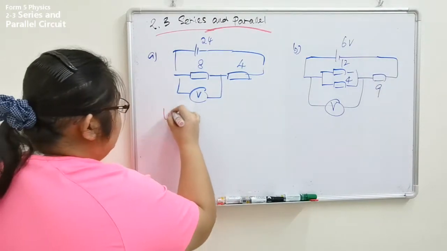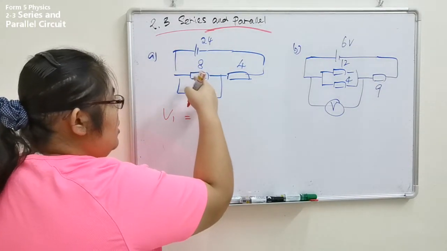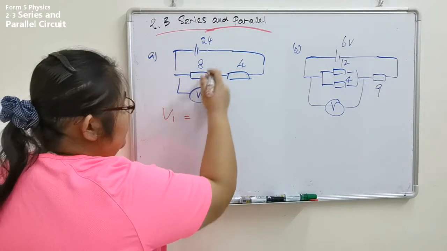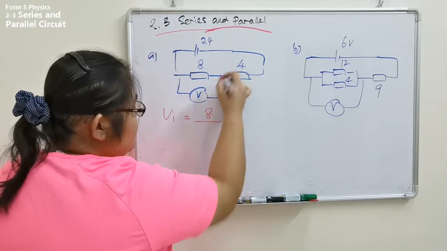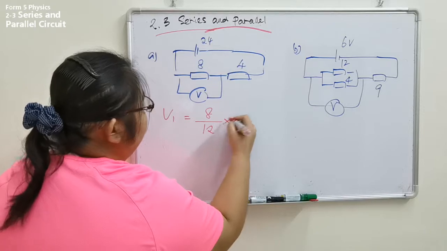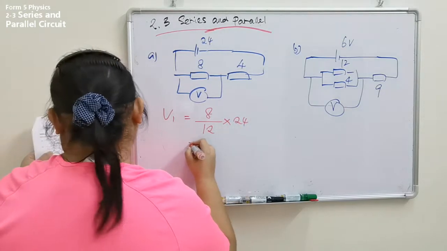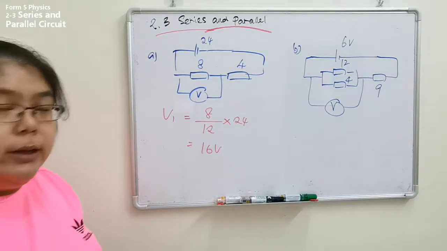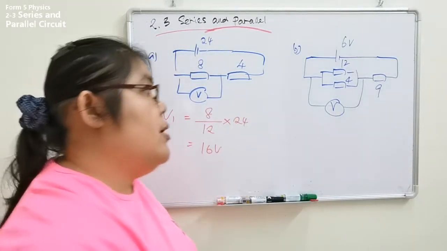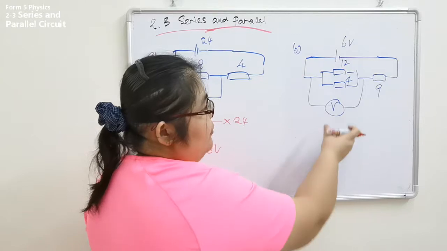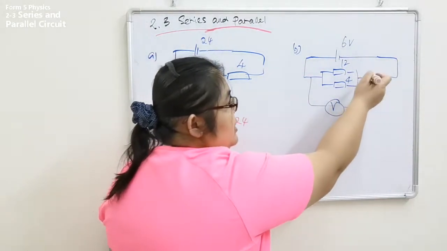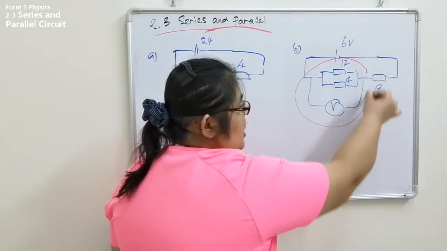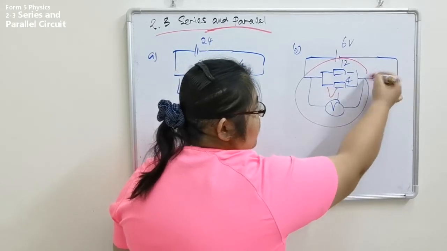So your V1 is R1, which is 8 over 12, multiply with 24. So I straightforwardly get my answer, 16 volt. Okay, this part is also the same. They want to find the V. We assume this whole thing is V1 and this one is V2.